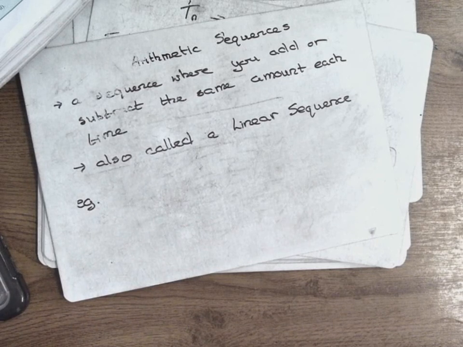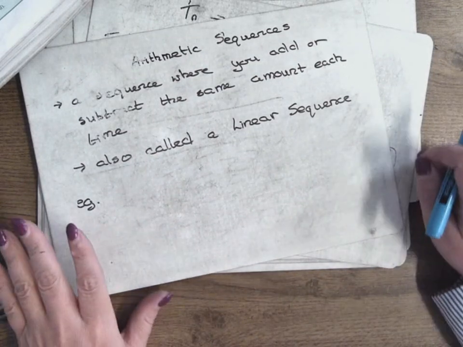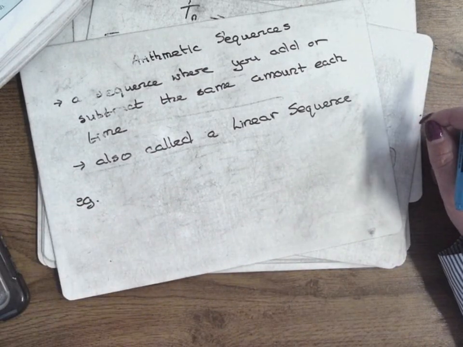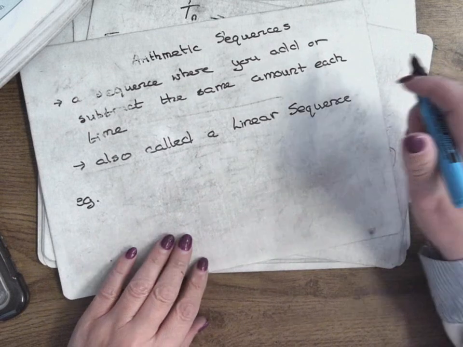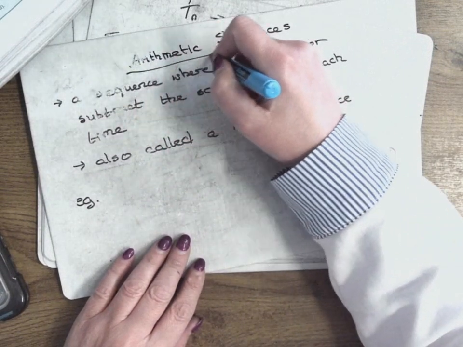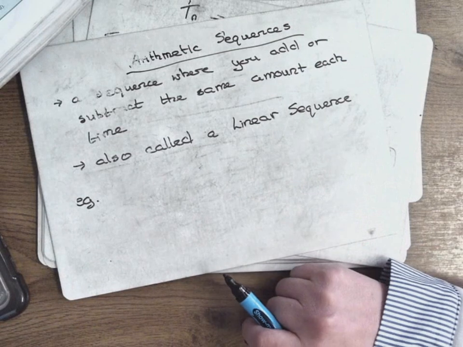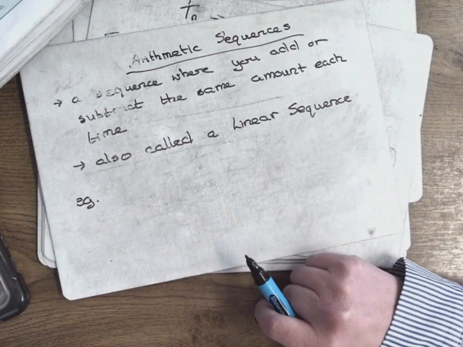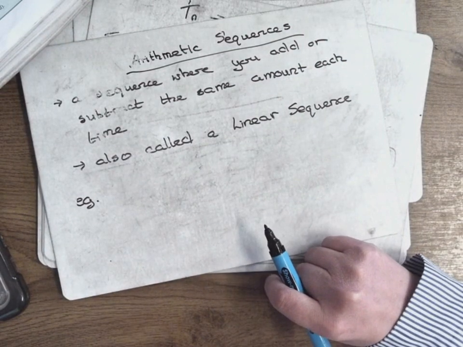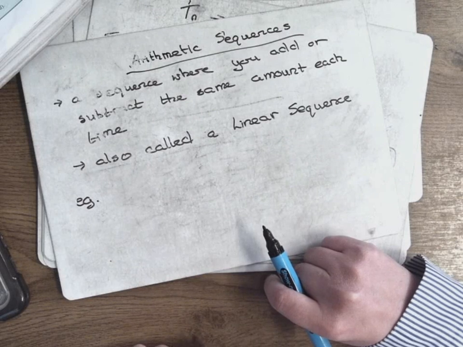I'll tell you about the tables in a minute. You need the formula. So a linear sequence and an arithmetic sequence are the exact same thing.